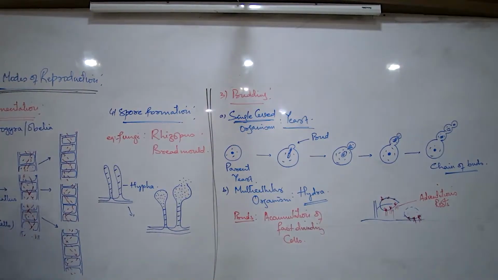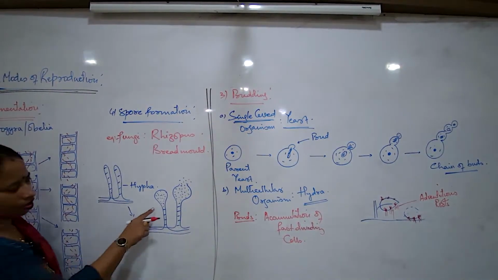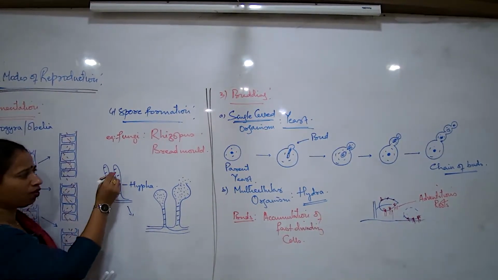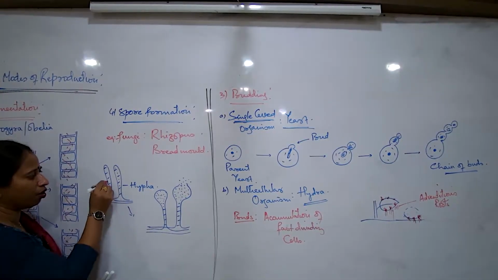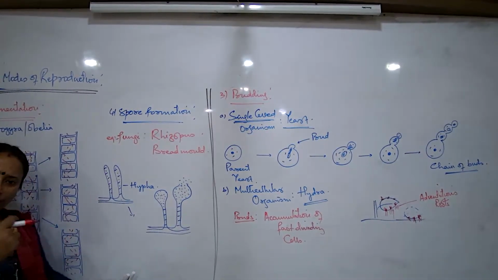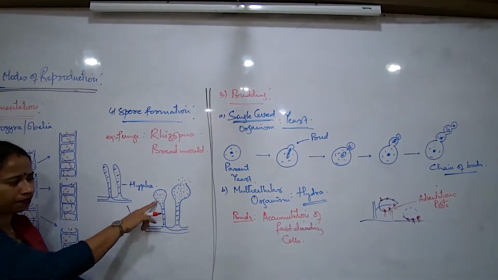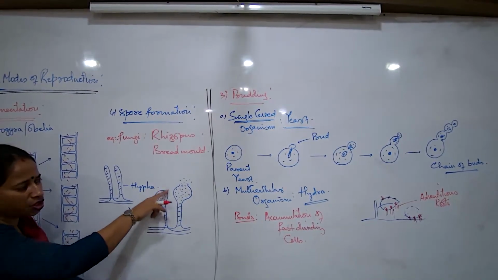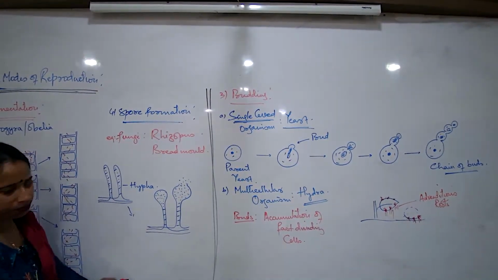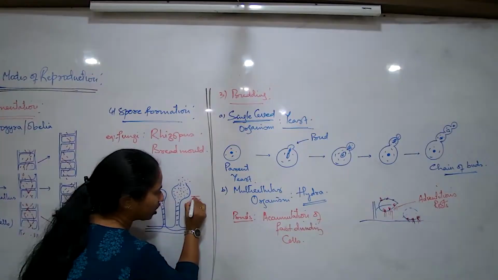This is the method. So now, one of these cells underwent multiple division a number of times and resulted in the formation of a knob-like structure.